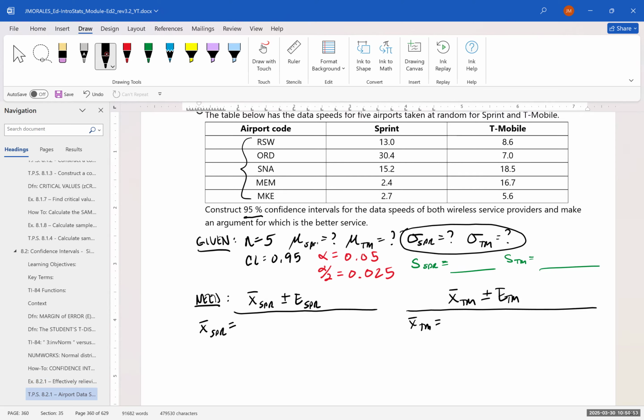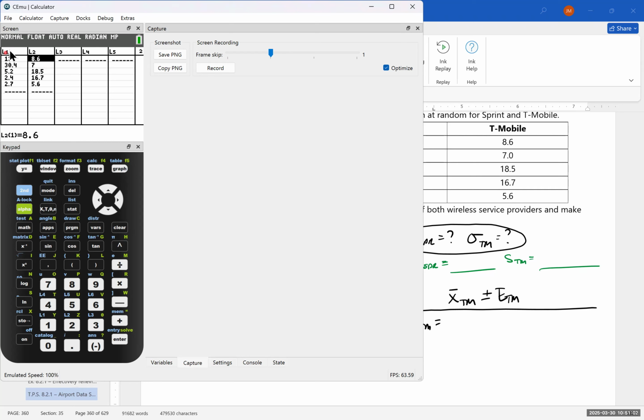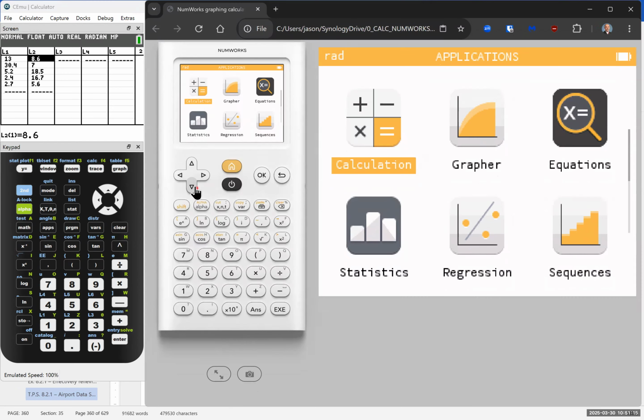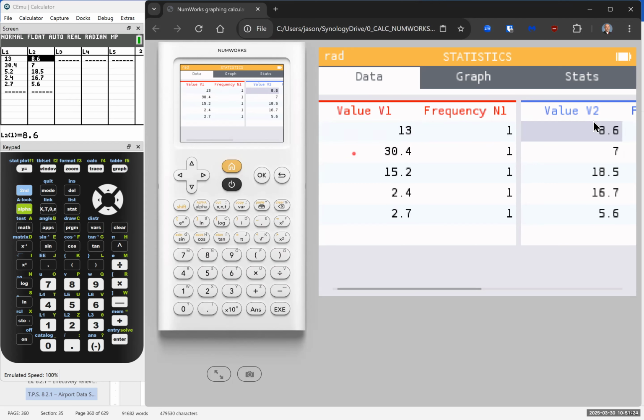All right, I took the liberty of putting these values in already. On the Texas Instruments, I put Sprint in list 1 and T-Mobile in list 2. For the NumWorks, I went to the statistics app and put Sprint in the V1 column, and then T-Mobile in the V2 column.